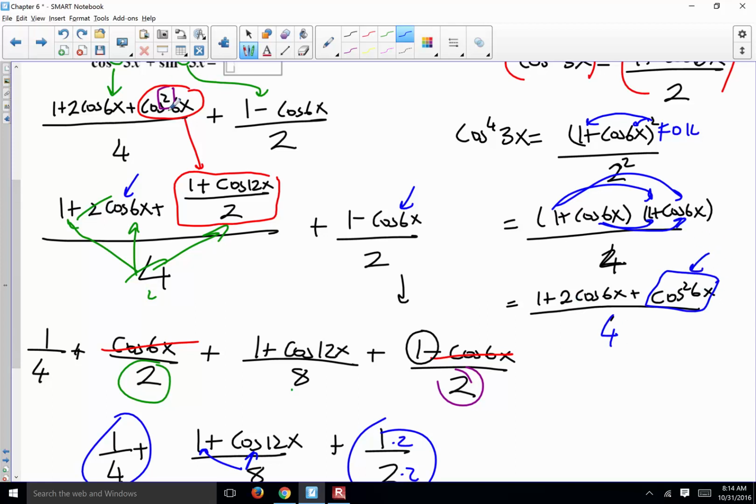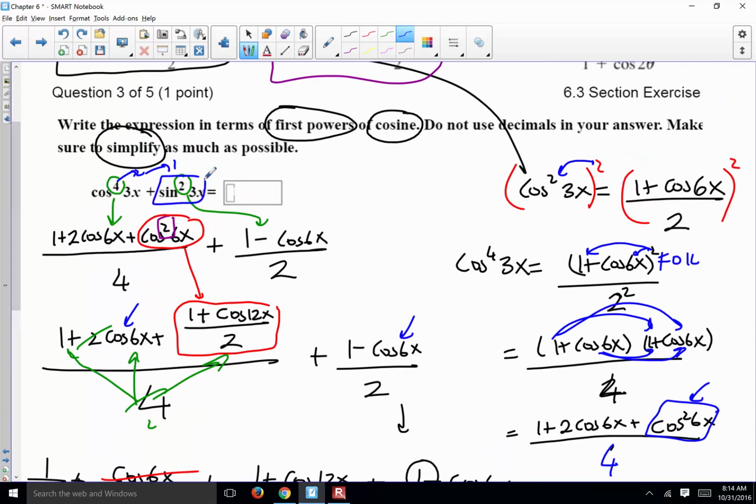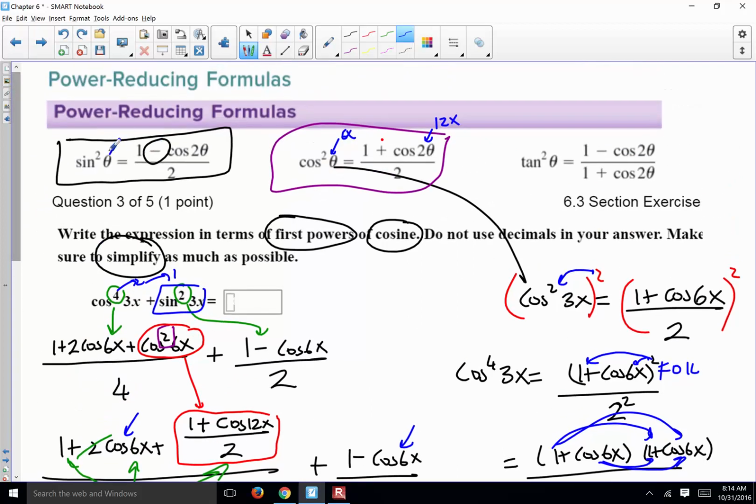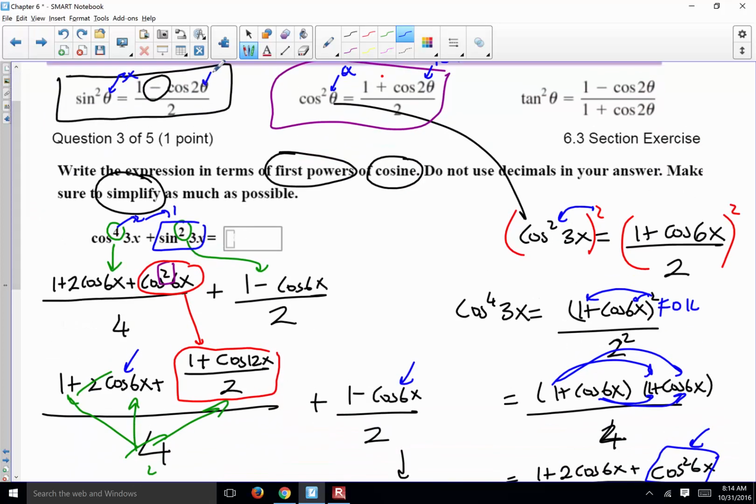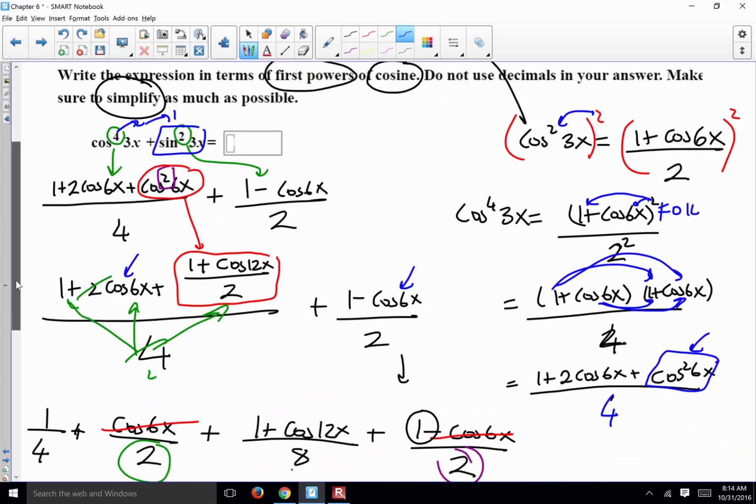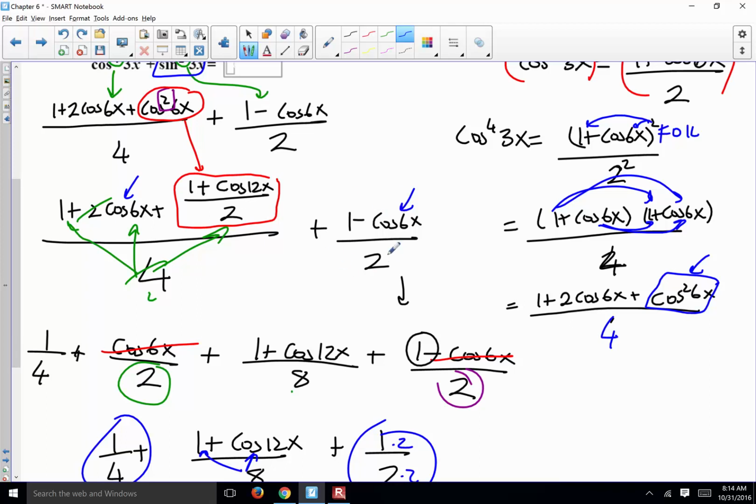So I copy this square here and reduce it one more time by the cosine, doubling the half angle formula for cosine. And sine square is easy because it's only a square. We need to reduce it once, and that's by formula here. Just use 3x here, and it's gonna become 6x, cosine 6x, and we just copy it here.